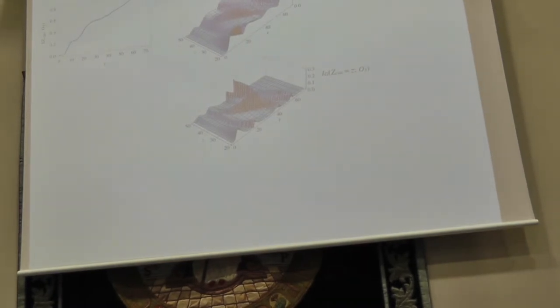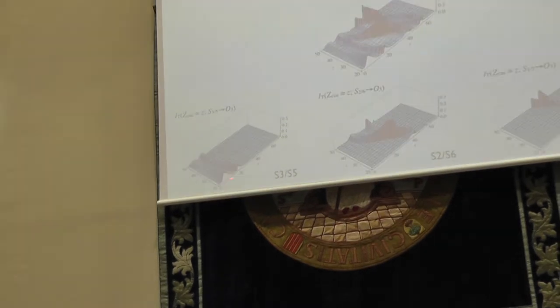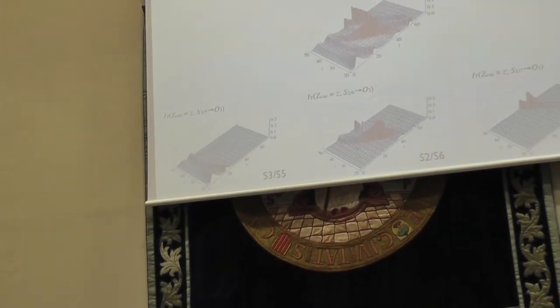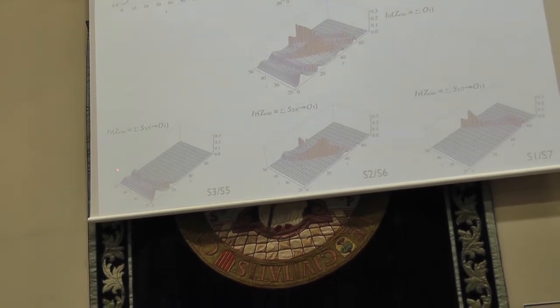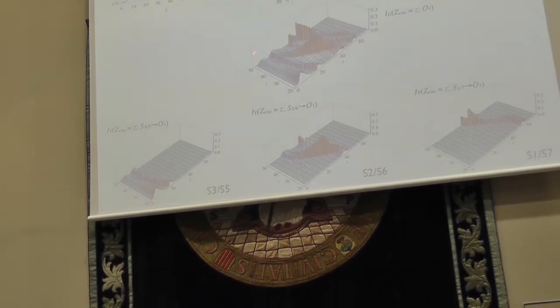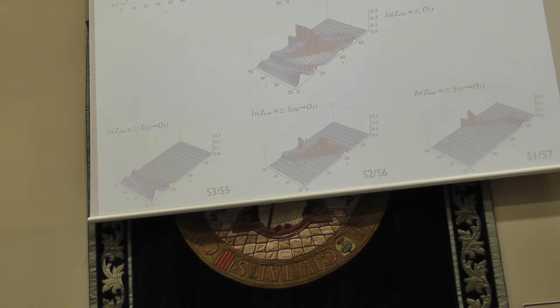Well, to make a long story short, we can calculate the information transfer. What I'm showing you is the specific information transfer from each pair of sensory neurons. The information transferred from this pair corresponds almost exactly to the information gained in these two waves.